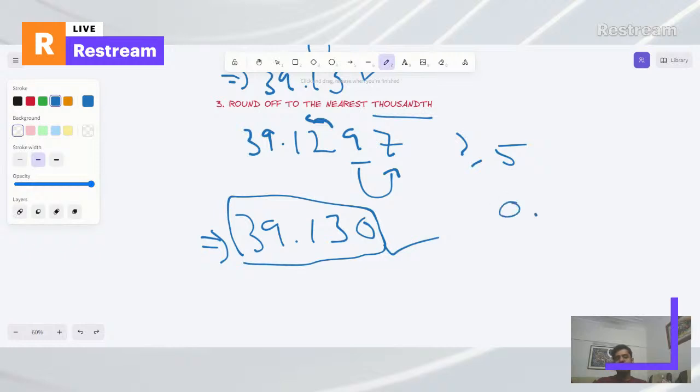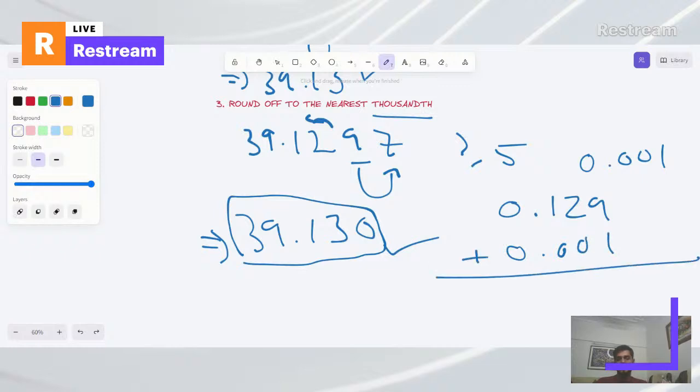Just imagine that you're adding 0.129 and you're going to add 0.001. It becomes 0, we carry it away, it's going to be 3, and then it's going to be 1. So this is how we've reached the conclusion.